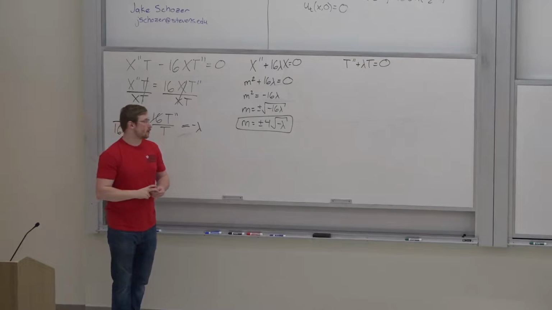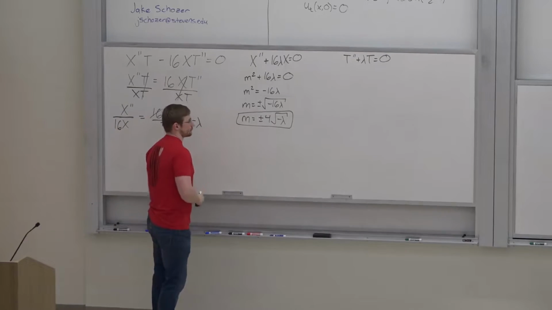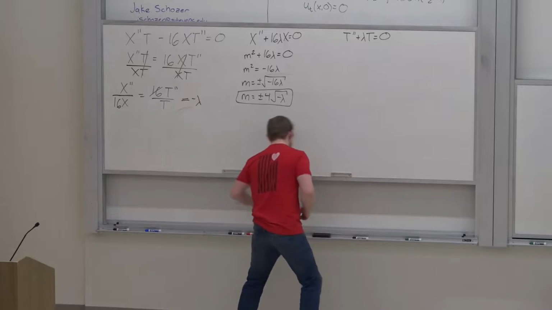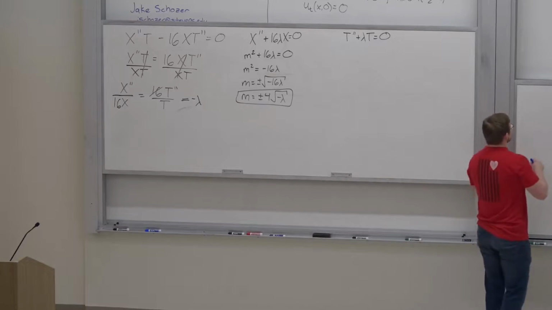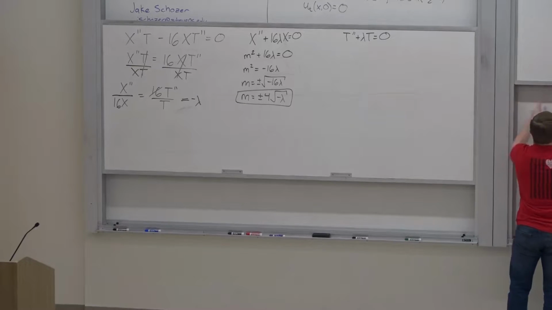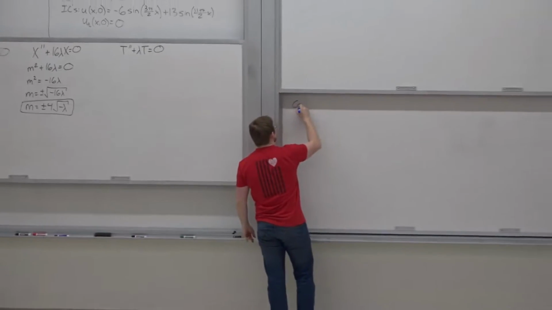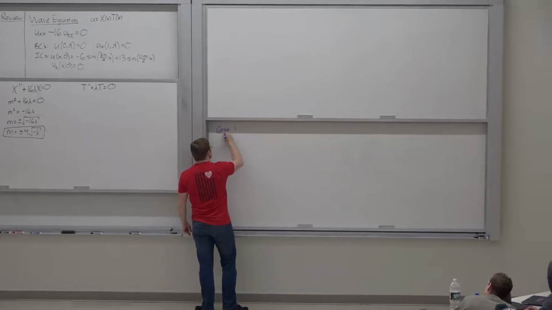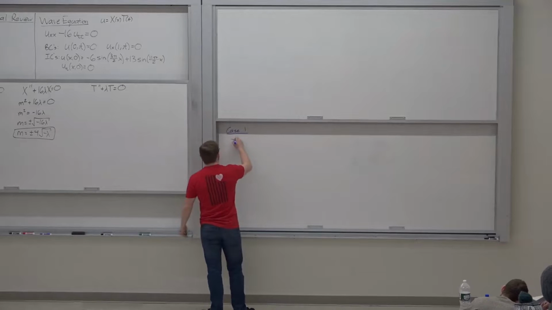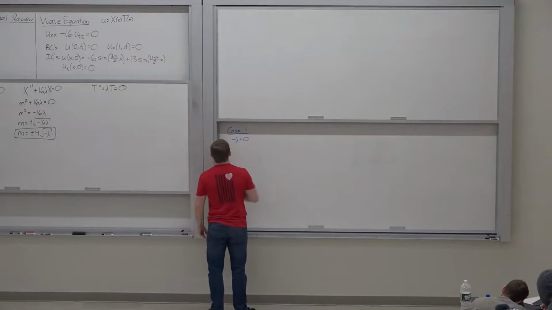And now we start our eigenvalue problem. So again, I'll do it over on this board, and again, I'll do it in blue. So we start off with case 1. And for case 1, I say, what if everything underneath the radical is equal to 0?